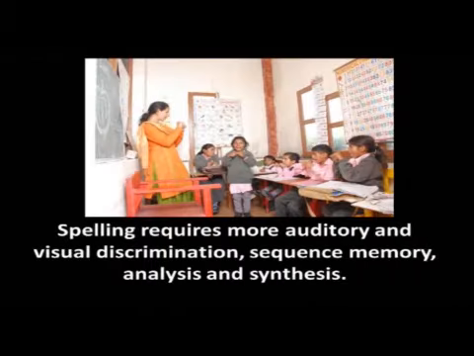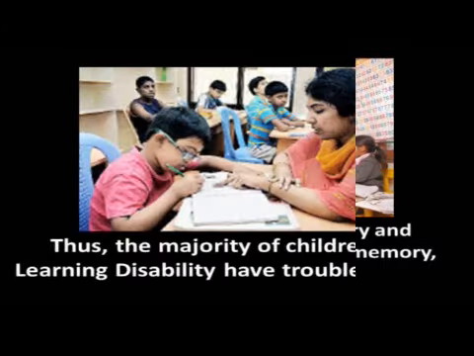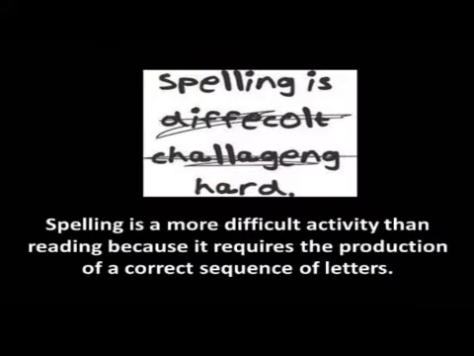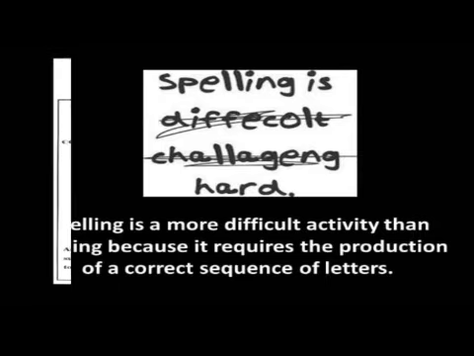Difficulties with spelling. Spelling requires more auditory and visual discrimination, sequence memory, analysis and synthesis, and integration simultaneously than perhaps any other skill. Thus, the majority of children with LD have trouble spelling. Spelling is a more difficult activity than reading because it requires the production of a correct sequence of letters.